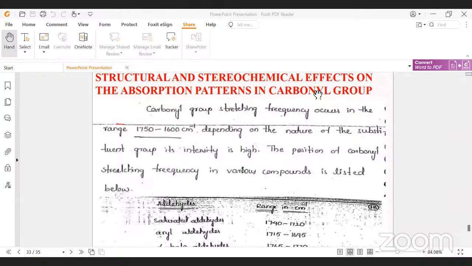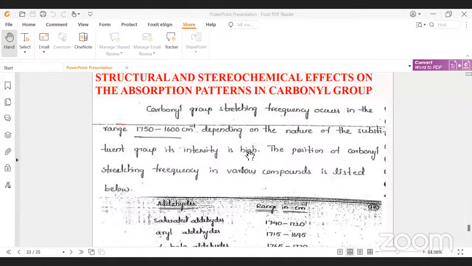Structural and stereochemical effects on the absorption pattern in the carbonyl group. The carbonyl stretching frequency occurs in the range 1750 to 1600 centimeters inverse, depending upon the nature of the substituent group, and its intensity is high.